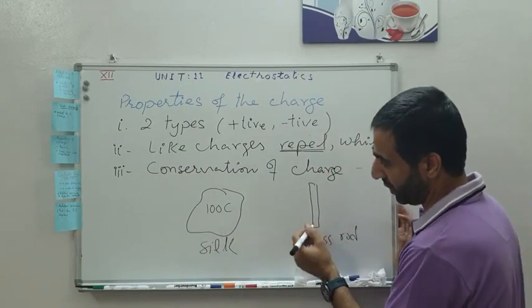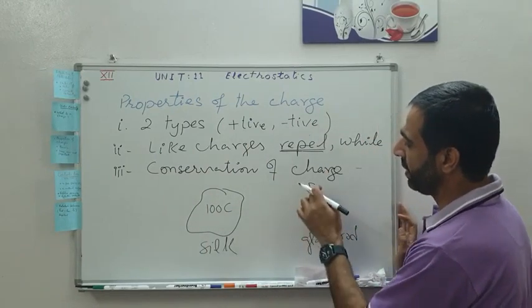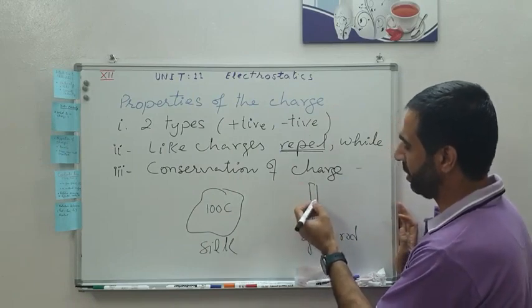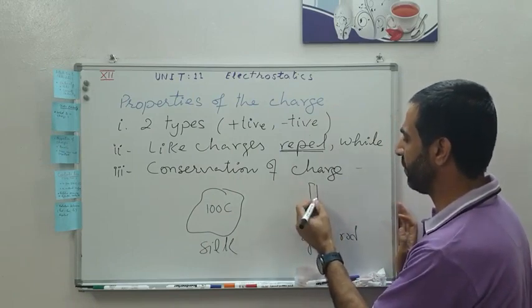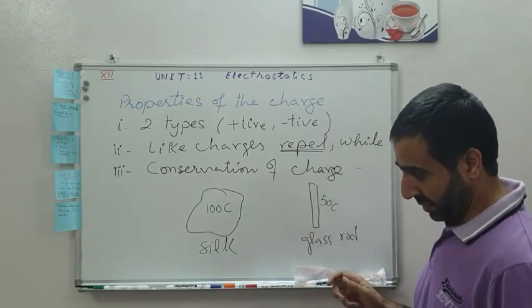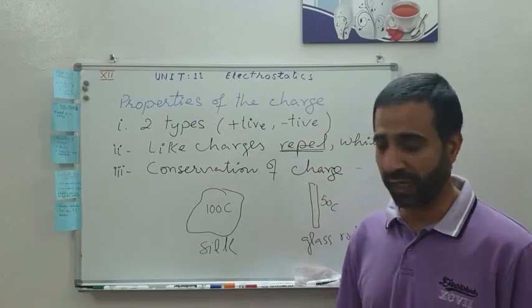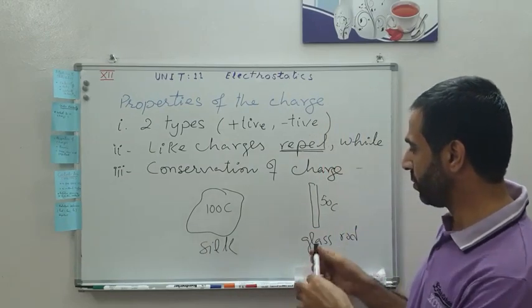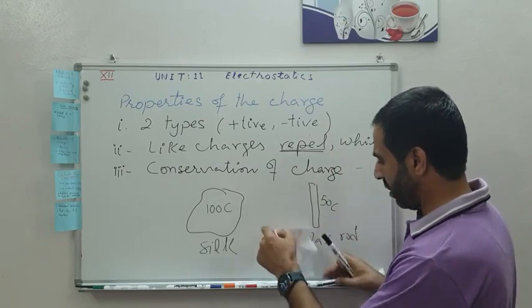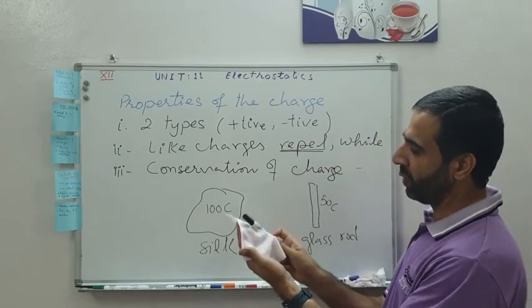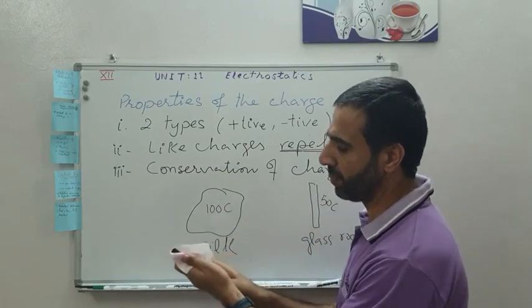Let us suppose initially you have, let's say, 50 coulomb of charge on this glass rod. After rubbing the materials together, when you rub the glass rod or the plastic rod with the silk cloth, what happens?